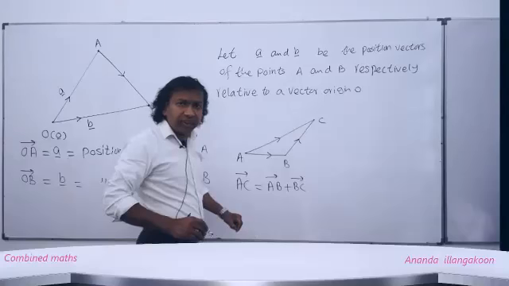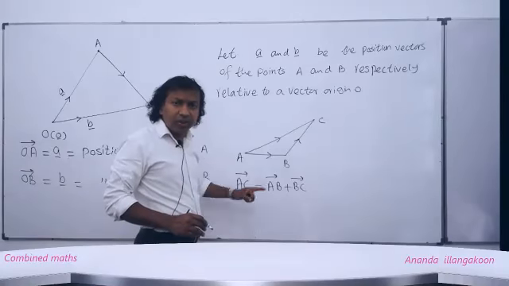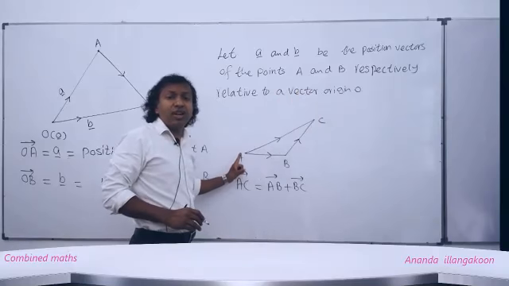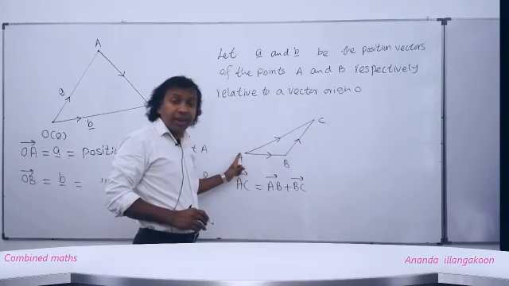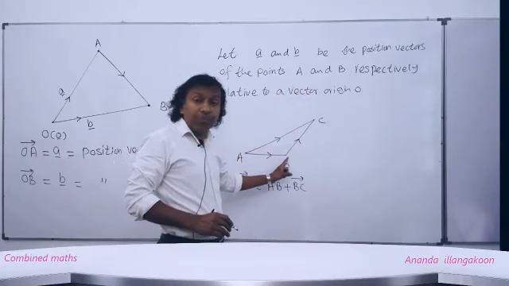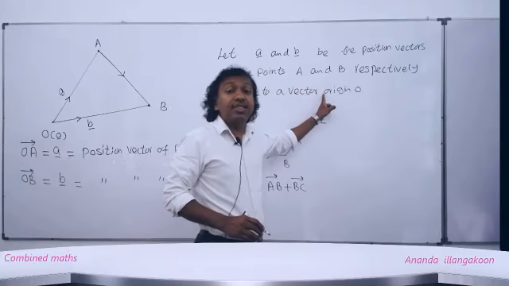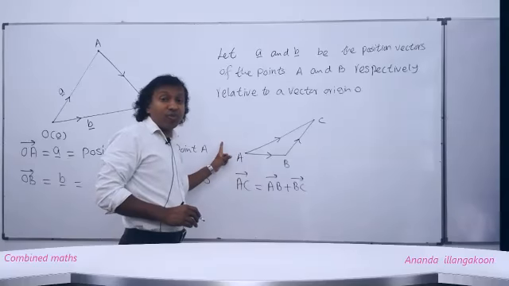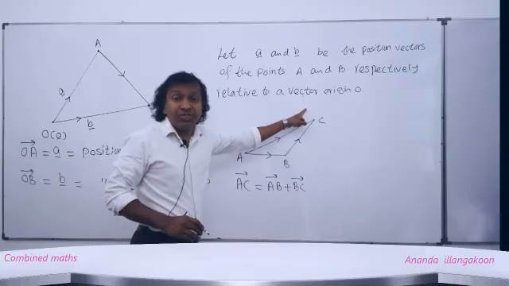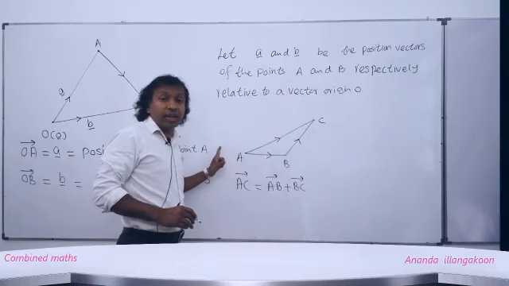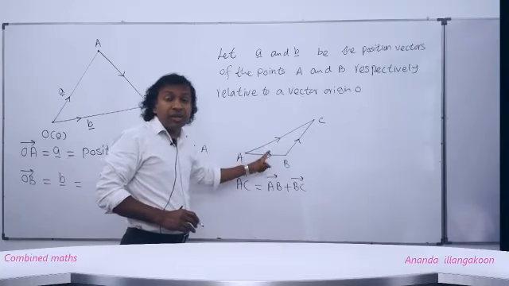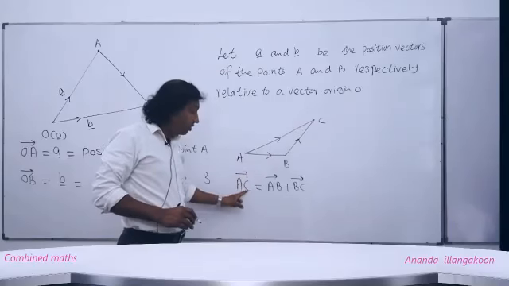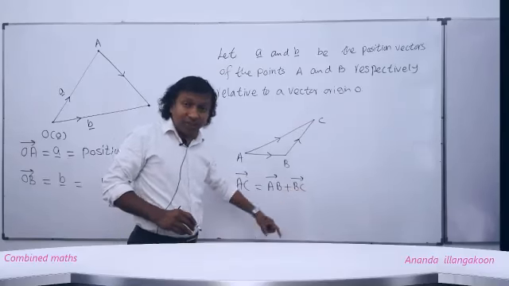Since we write the vector from A to C, we definitely have to start from A, and going along a path, end at C. The only path starting from A to reach the point C is A to B, B to C. So we write vector AC as vector AB plus vector BC.